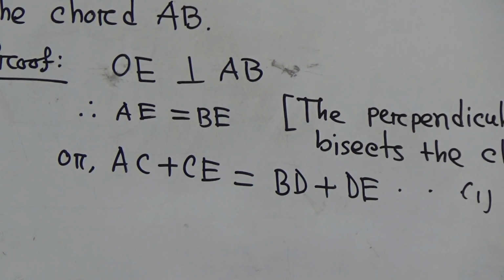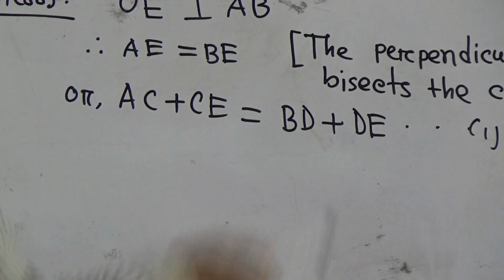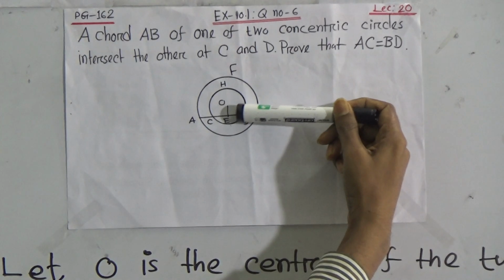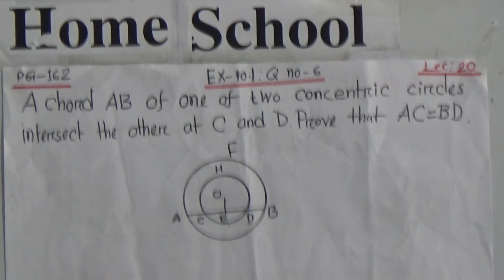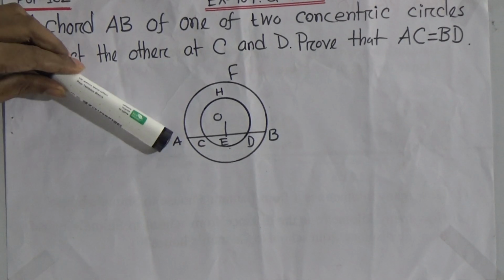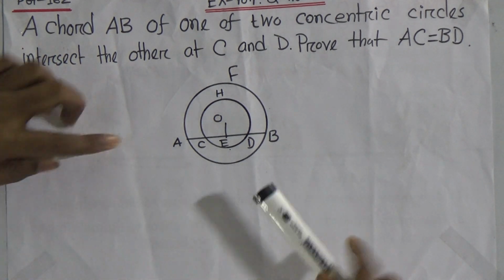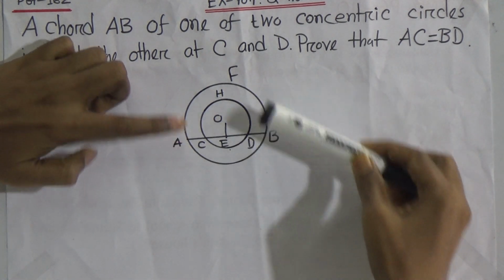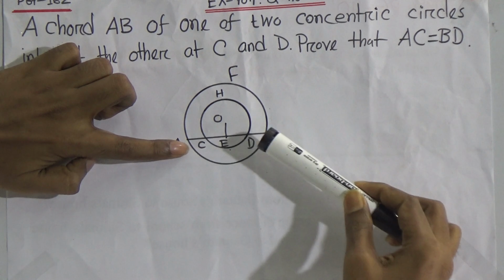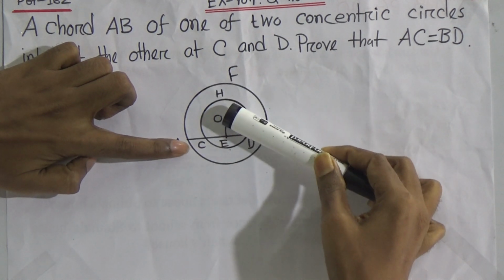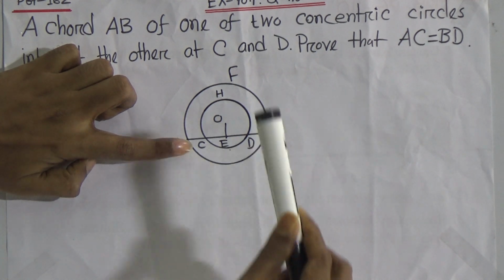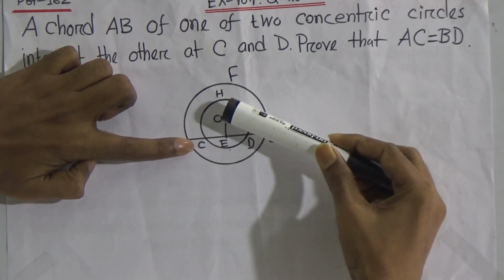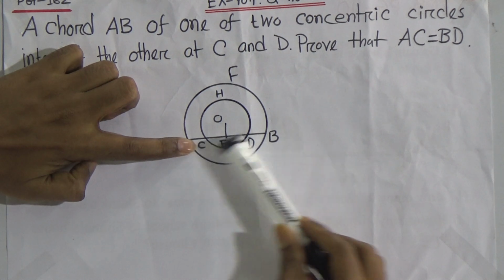Now again you see the figure. Look, you see OE is the perpendicular on CD. Are you sure? You see, for the circle CDH, OE is the perpendicular on CD. Okay, please look carefully. OE is the perpendicular on CD.